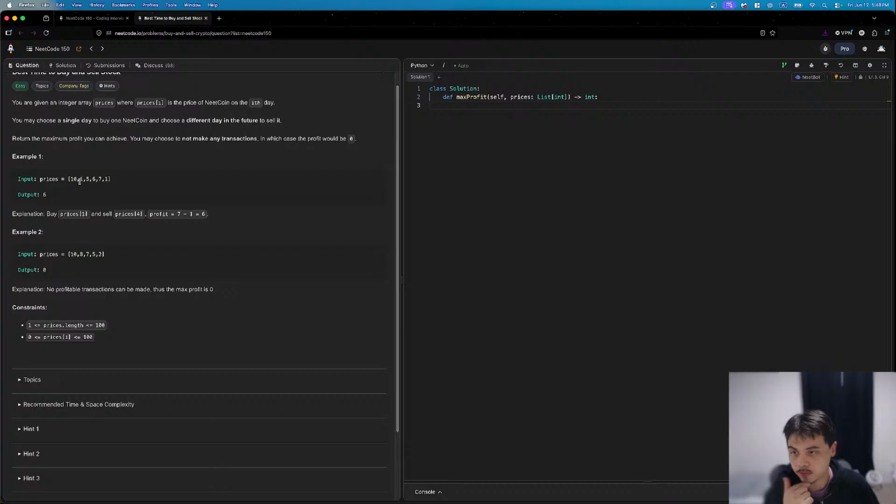So I slid it over, or reset here, and then expand the window. So 5 is less than 1. So we expand, we're constantly updating, and then we get to 1.